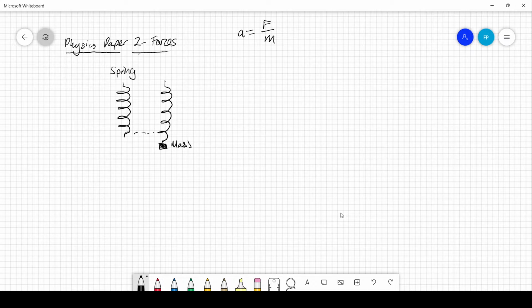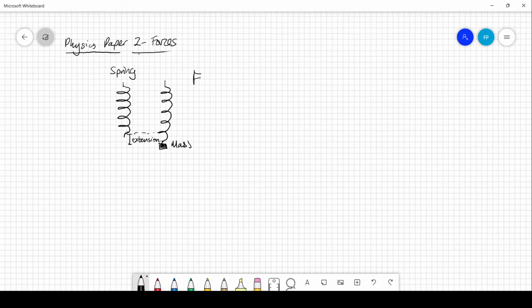Okay, good. So as I said, if we attach a mass to a spring, the spring will extend, and this is your extension. Now there's also another formula for this. I think you'll be given this again.